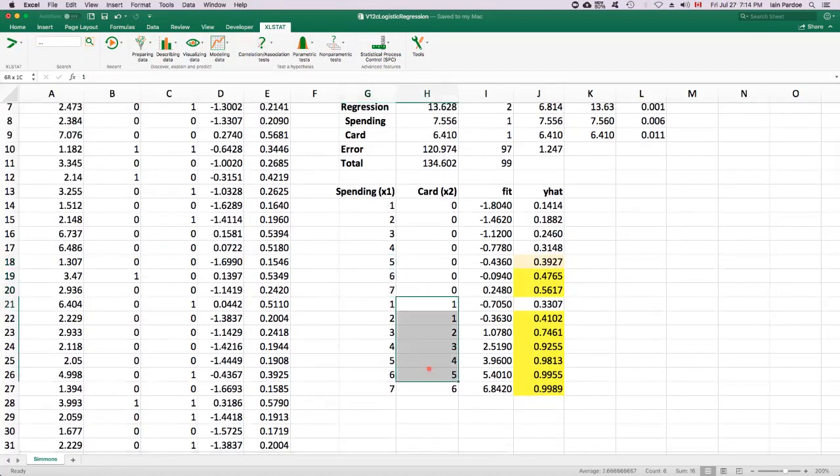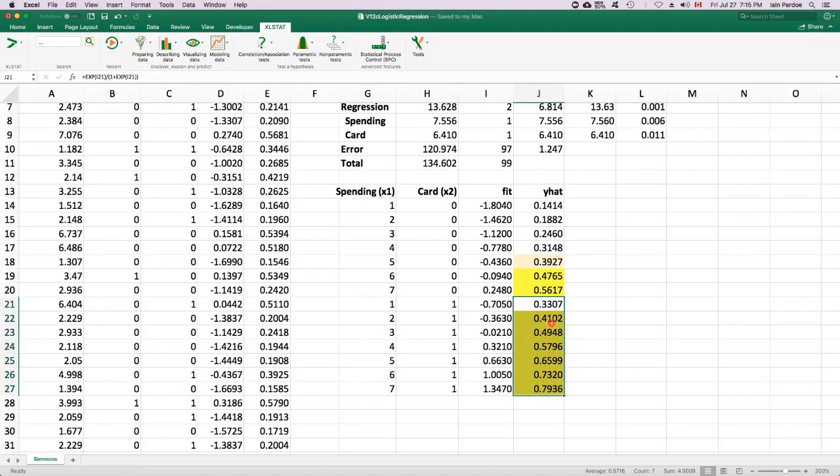Customers with the credit card, these should all be ones. There we go. That's better. So these are customers with the department store credit card. Again, we're just increasing spending by $1,000 each time and calculating the probabilities.